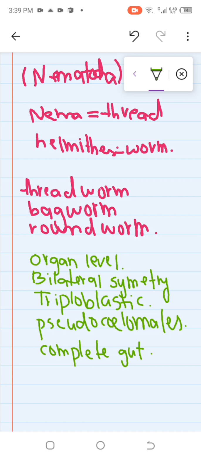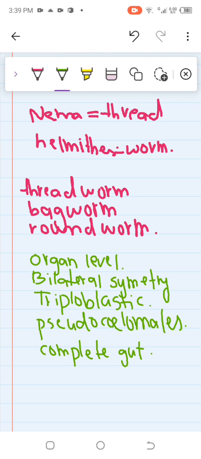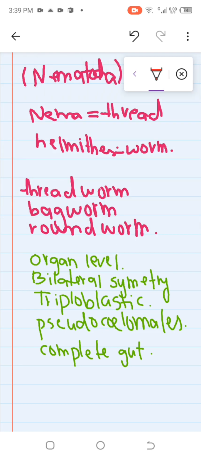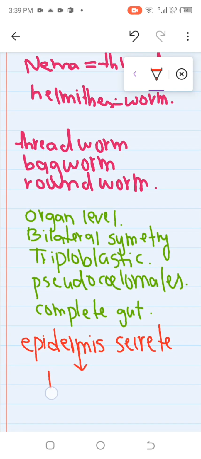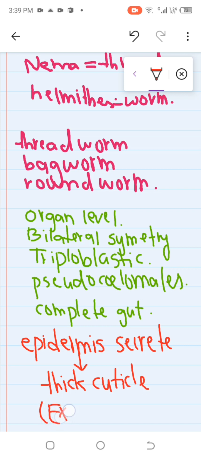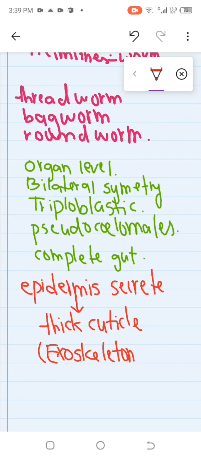Their epidermis secretes a thick cuticle, which is known as the exoskeleton. It is made up of collagen fibers plus lipid.